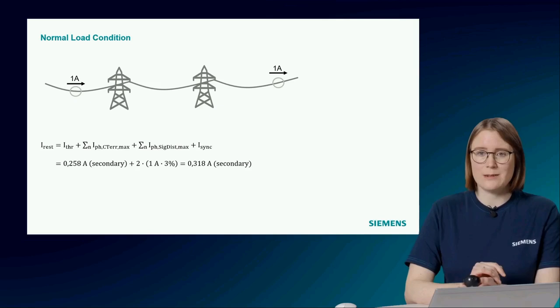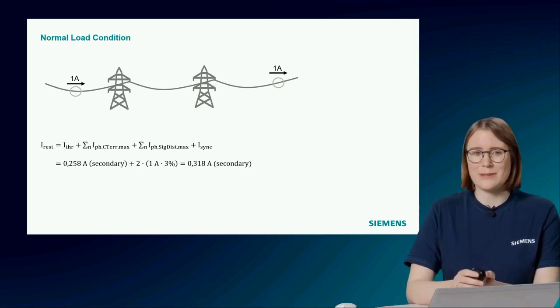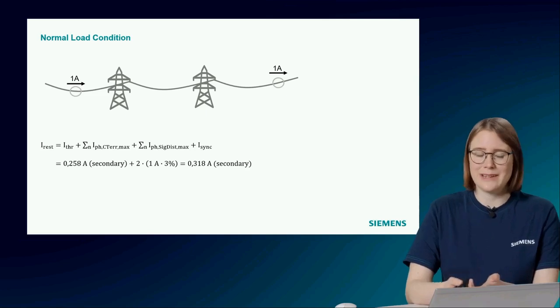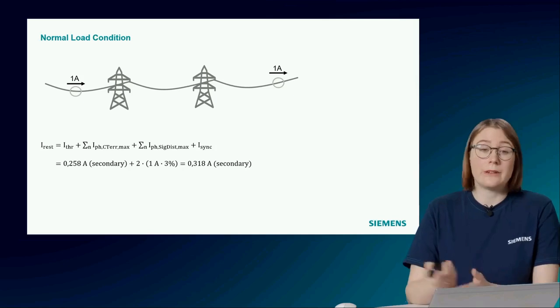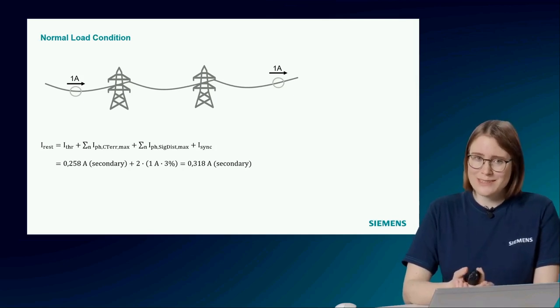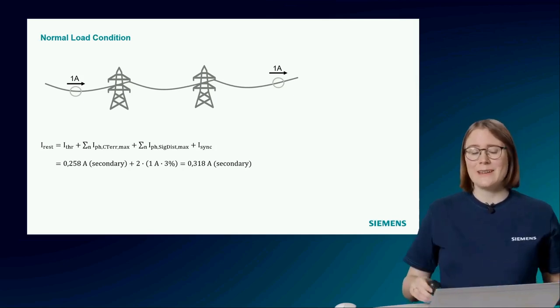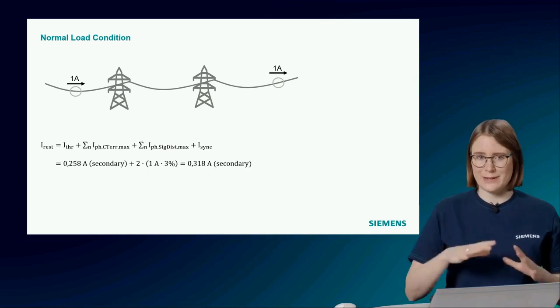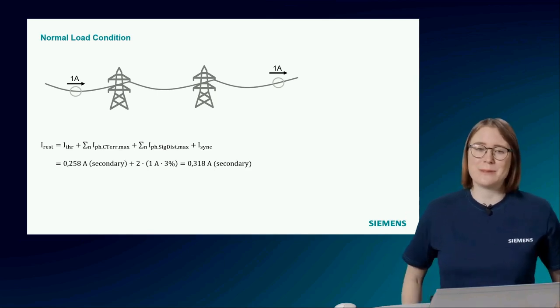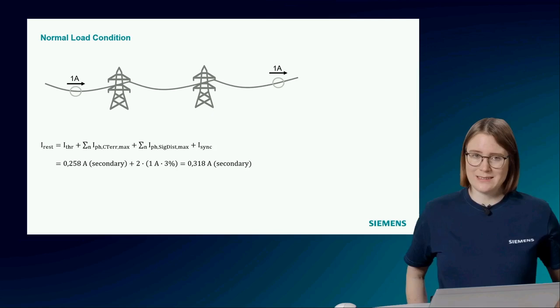In this case, our 1 amp secondary is below. That means we are calculating here 1 amp multiplied by 3%. And we not only have one CT, we have two CTs on both sides of the line. So we need this factor 1 amp multiplied by 3% twice.